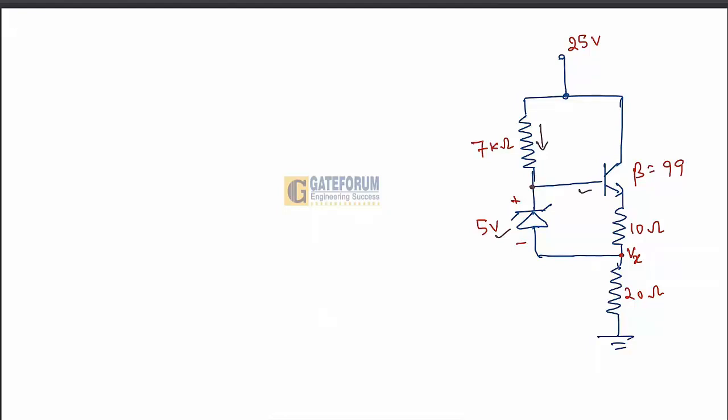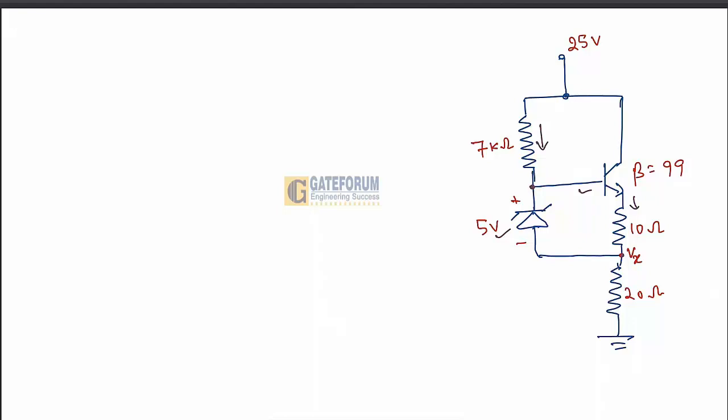At Vx, the emitter current and the Zener current will join together. Then we need to find this Vx value, which is the voltage drop across the 20 ohm resistance, and then we can easily find the current passing through it.